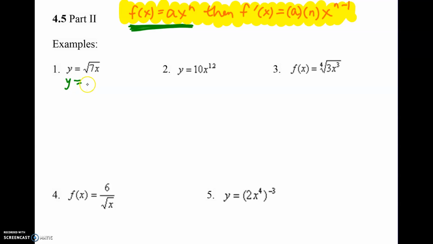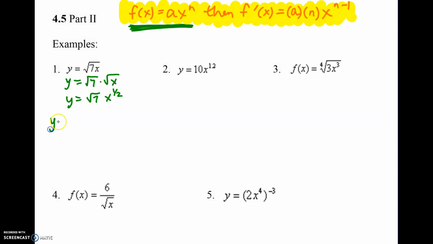We know that radicals say that we can separate this as root 7 times root x. Then root 7 is our coefficient, and we have x to the power of 1/2. That's exponents and radicals. Once we have that, it's as simple as applying this rule.